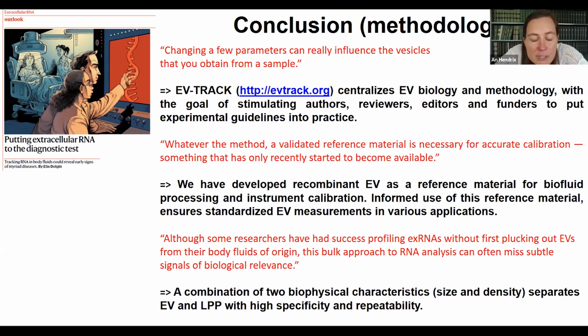And importantly also, this is true for RNA, but I think it's even more true at the protein level. Although some researchers are successful in profiling extracellular RNA, this bulk approach at the RNA level, and I believe also at the protein level, can hide important signals that are of biological relevance.